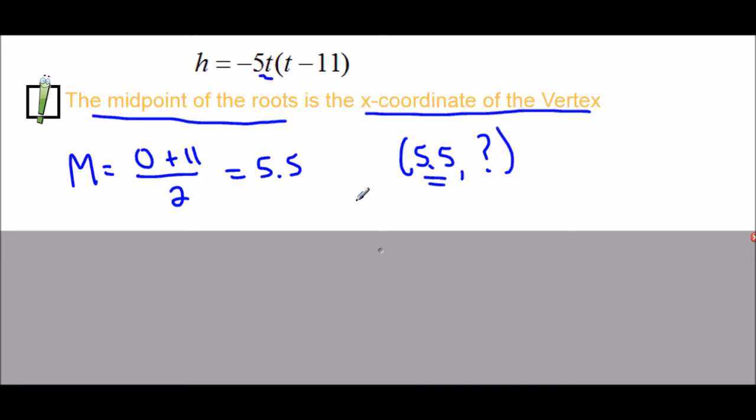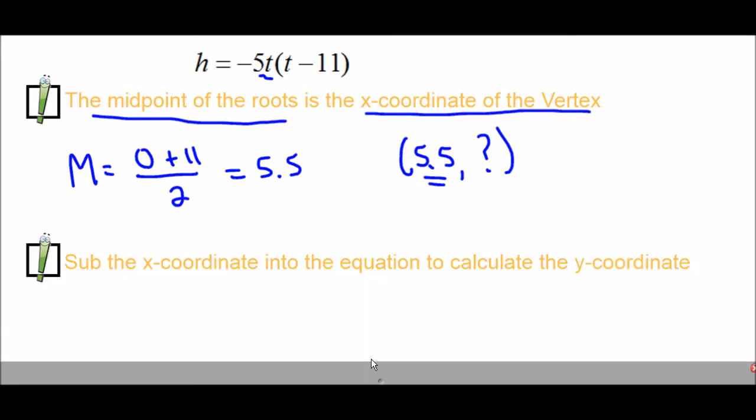I just don't know the second part. Now that I know the x-coordinate, if I sub it into the equation, I'll be able to calculate the y-coordinate. In this question, we're specifically talking about t and h, but they're in the place of x and y. So I'm going to sub 5.5 in for t.